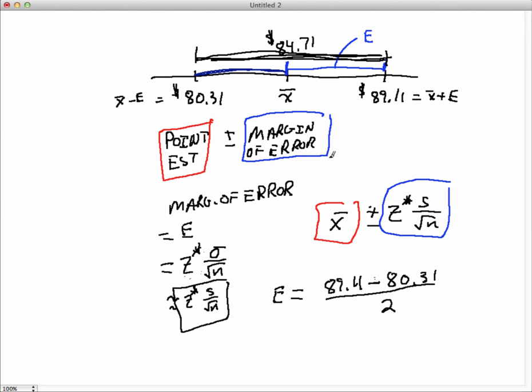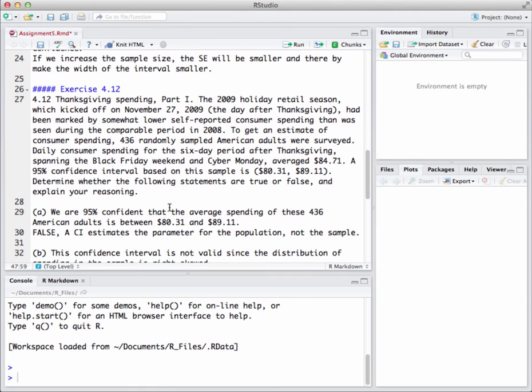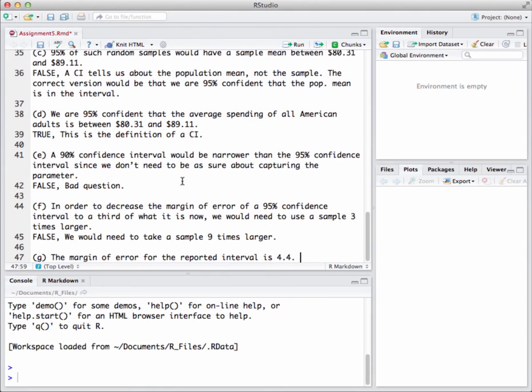Okay, so if I go ahead and do that calculation, you'll come up with 4.4. So yes, they were telling us the truth. They didn't lie to us in the last one. And as a matter of fact, that is the margin of error. All right, so let's go back to our markdown file here.